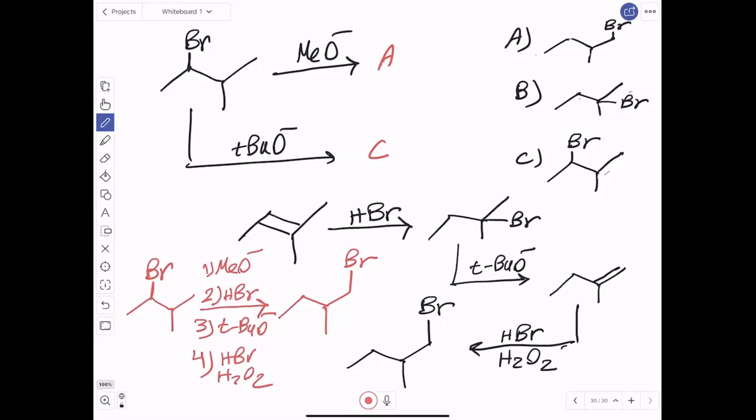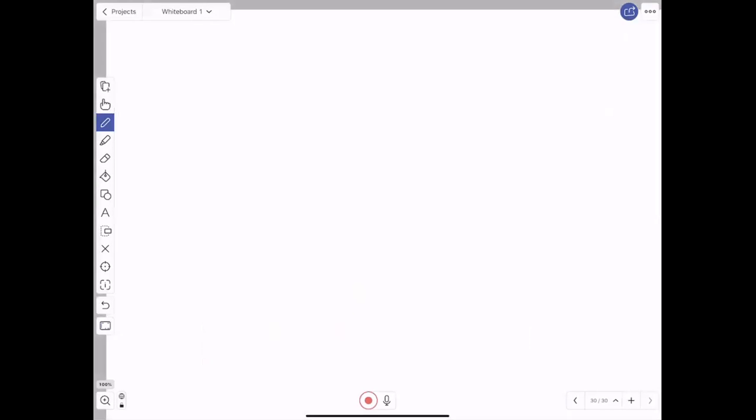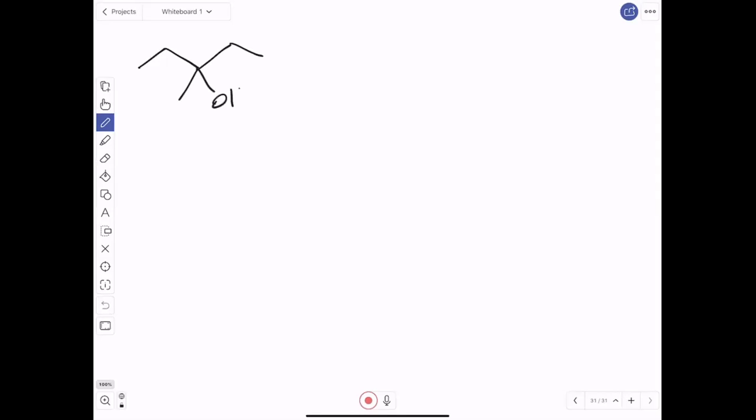So you should be able to do these types of questions. Give the reagents for this transformation. Can I do H2O and acid?